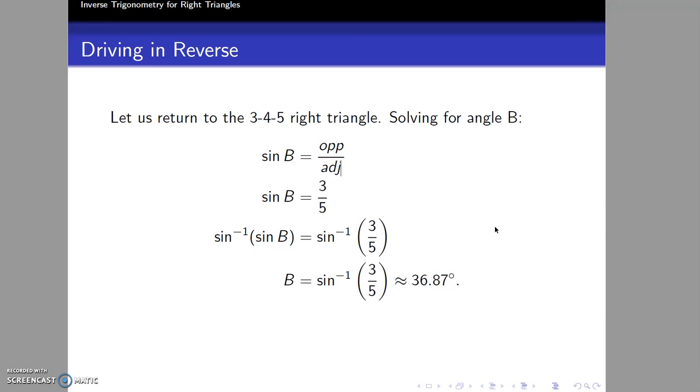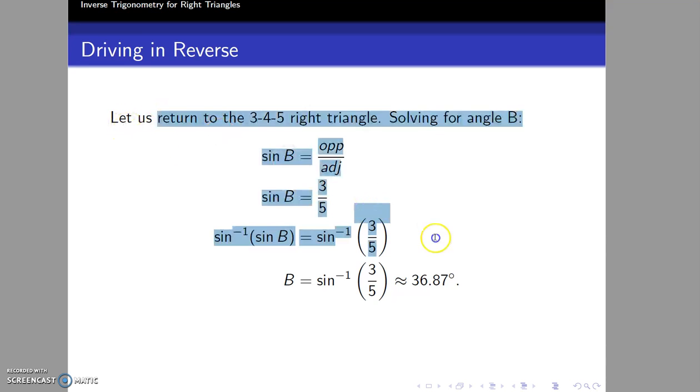Well, now I can do even more. I could take the sine of both sides or the arcsine of both sides and have equality, provided that my angle is on the appropriate range where I get that property. So the appropriate angle that satisfies this now is the arcsine of 3/5, which a calculator tells me is about 36.87 degrees.